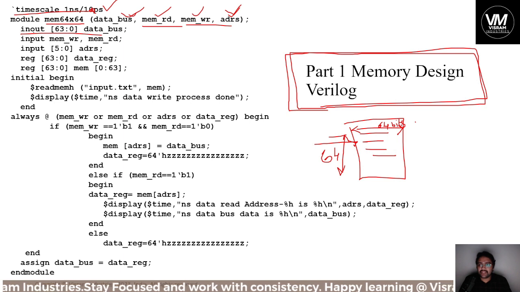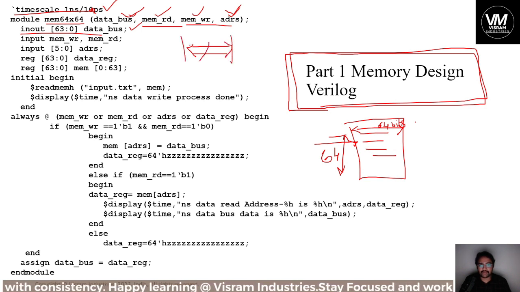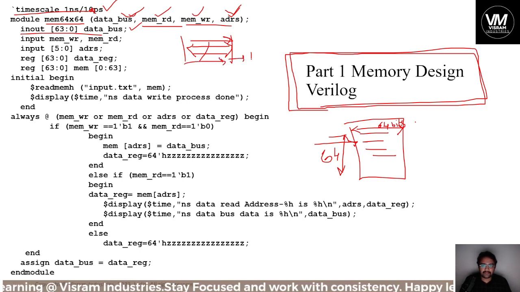With that being said, inout [63:0] is the data bus. The data bus should have 64 bits of information, right? It is inout, so it can be bidirectional. You can read and write from the same data bus. Either you can write into the memory.